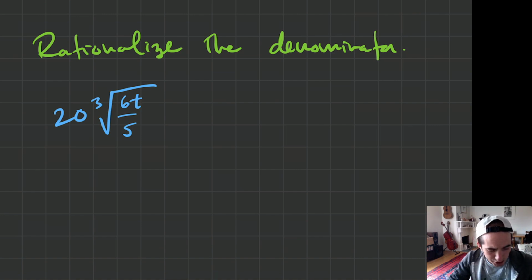So we want to rationalize this denominator. The main thing that makes this question different is this 3. We've done 1 or 2 problems similar to it, but the way that we rationalize this denominator is a little bit different than if we were to rationalize the denominator with a square root involved.